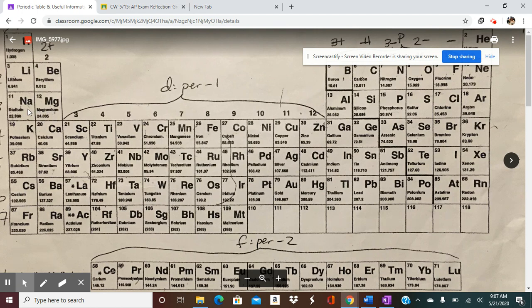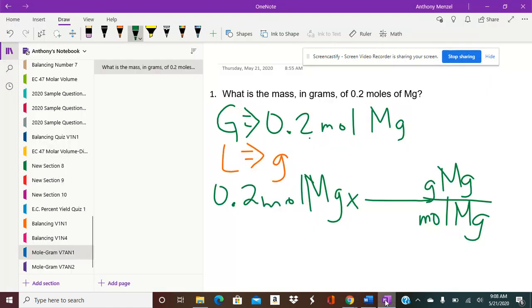This is the molar mass of magnesium. So we can go ahead and put 24.305 grams. And then we see here that the moles cancel, should be per 1 mole. So the moles cancel, and we're left with what we wanted, grams of magnesium.